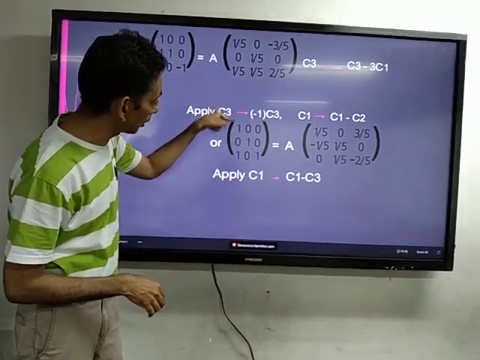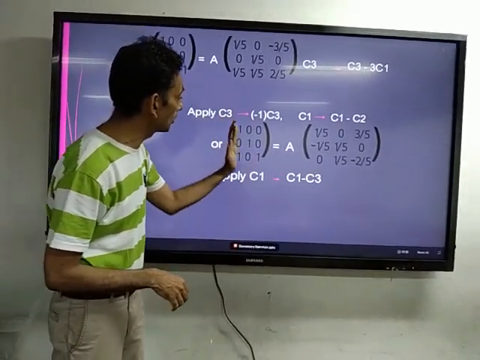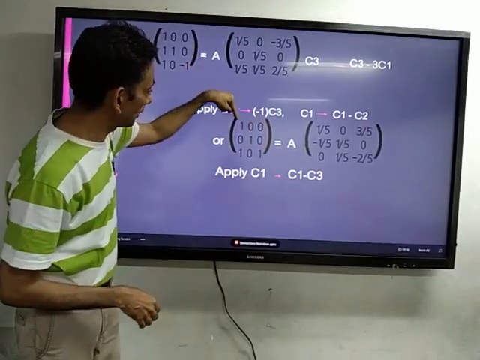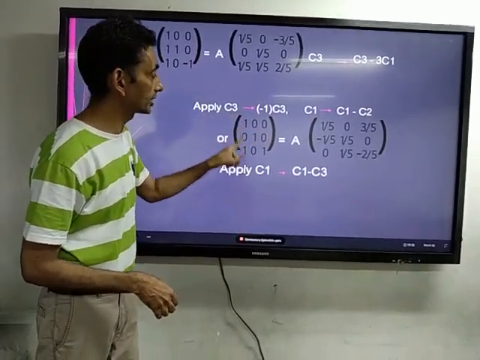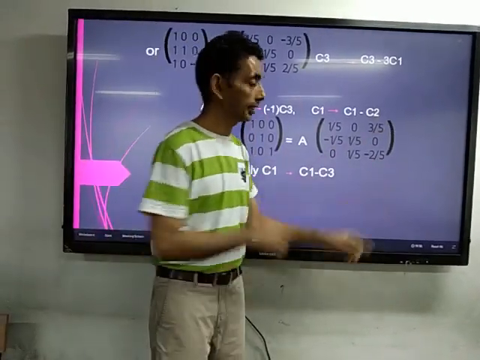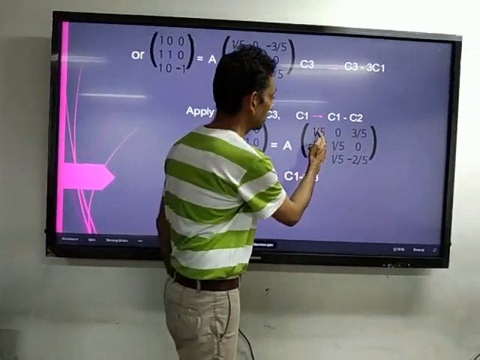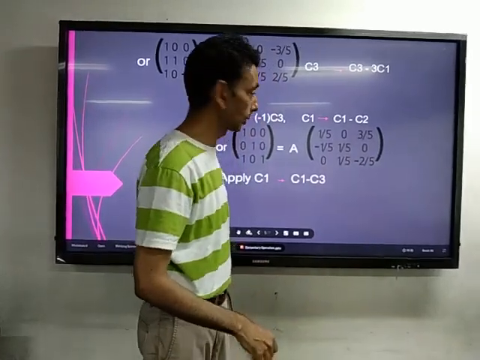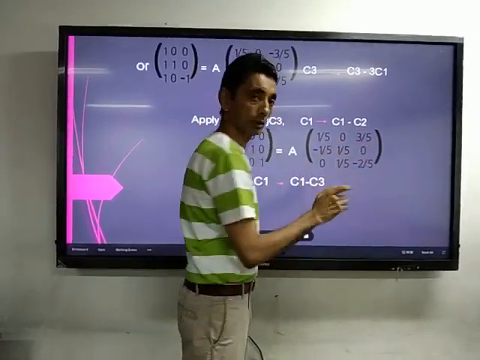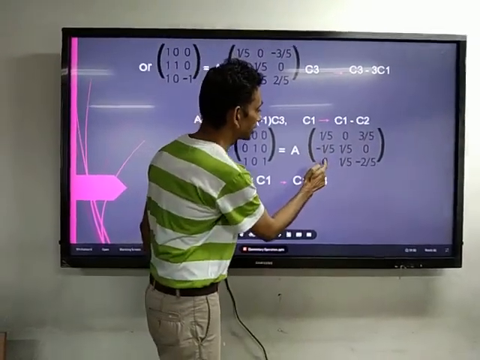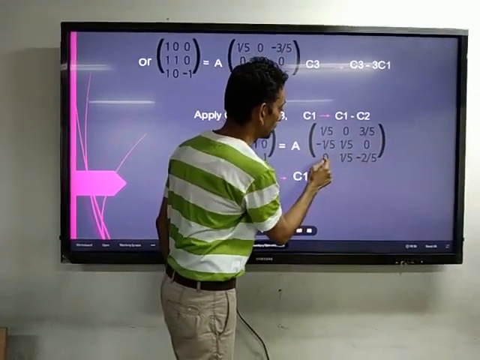You can utilize column 1 and column 3. Simply subtract column 1 from column 3. So 1 minus 0 is 1, 0 minus 0 is 0, 1 minus 1 will obviously be 0. And similarly on the right hand side, 1 by 5 minus 3 by 5, so we are going to get minus 2 by 5. Minus 1 by 5 minus 0, there is no change in this number. And 0 minus 2 by 5 will be plus 2 by 5.